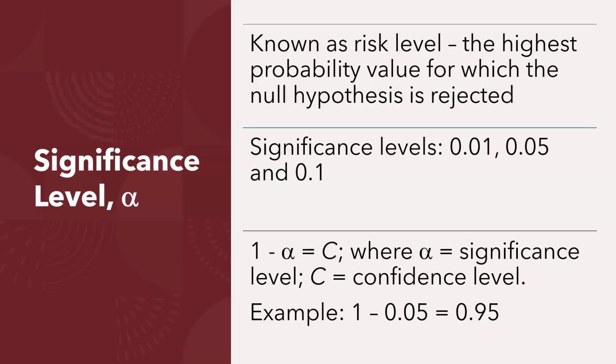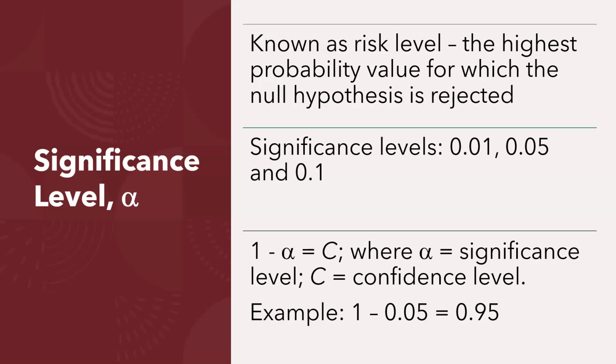Commonly used significance levels are 0.01, 0.05, and 0.1. If the 0.1 level is used, then the null hypothesis is rejected if the probability value is less than or equal to 0.1.